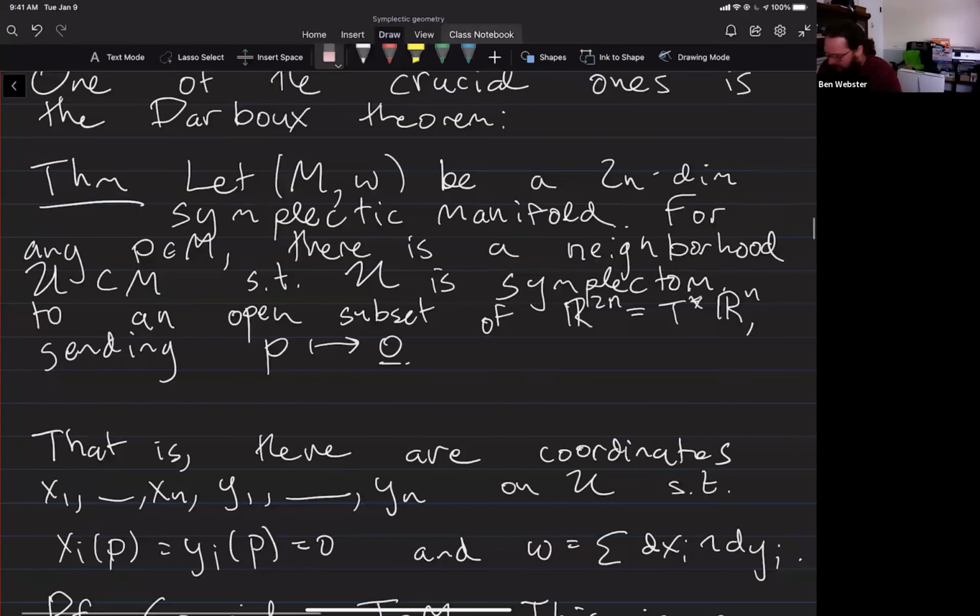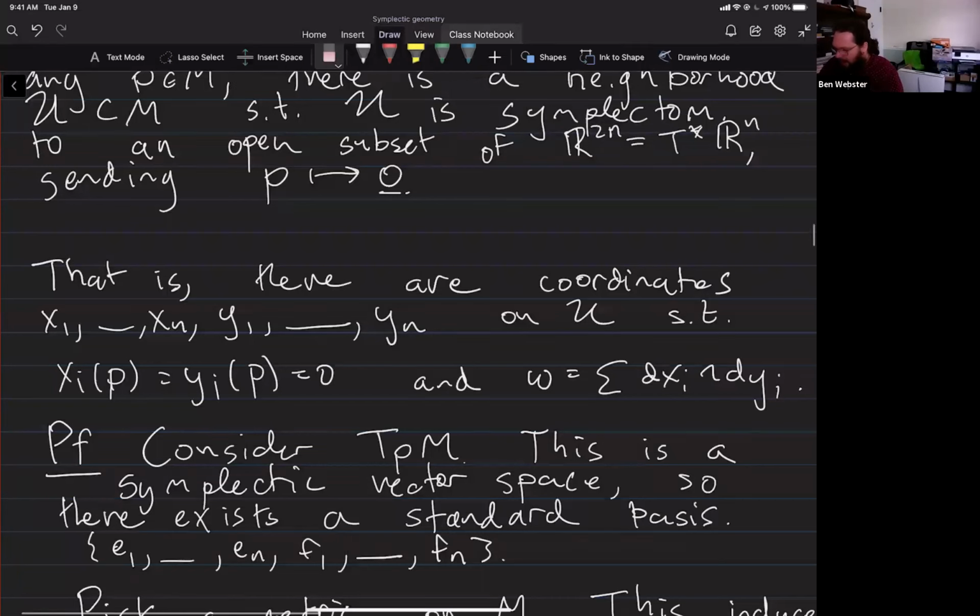All right, and more explicitly, I can say on this open subset, there are coordinates x1 up through xn, y1 up through yn, such that the point that I've started with goes to the origin, and the symplectic form is the sum over all i of dx_i wedge dy_i.